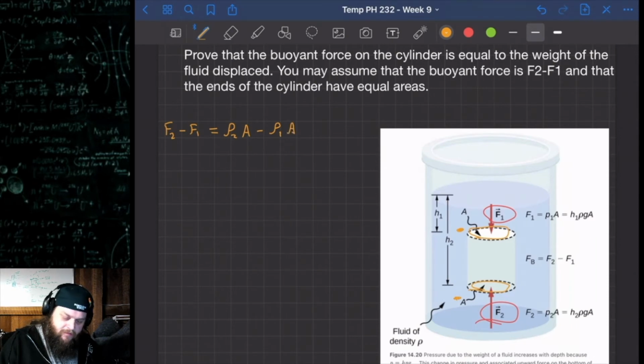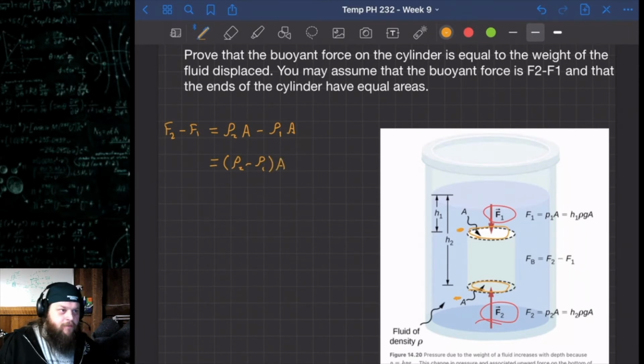times the area. Now we can factor out that area because they're common, so we have density 2 minus density 1, factored out times A. That's going to be equal, we're just plugging in the values for density, really.